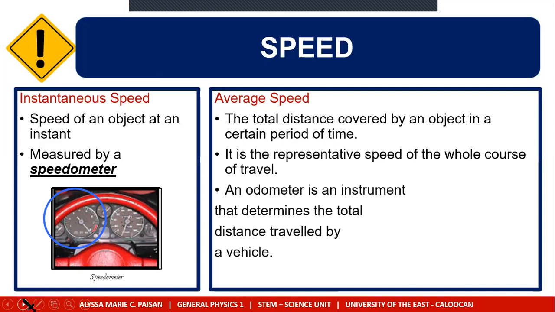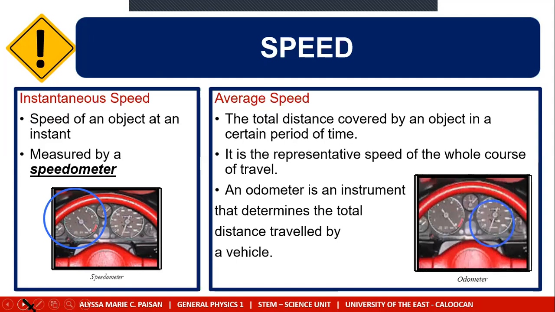And then the measuring device that is very useful in getting the average speed is the odometer. So how does that happen? Average speed cannot be measured by a specific device. That's for instantaneous only. So instead of directly measuring it, we will be able to solve for the average speed if we have the odometer.